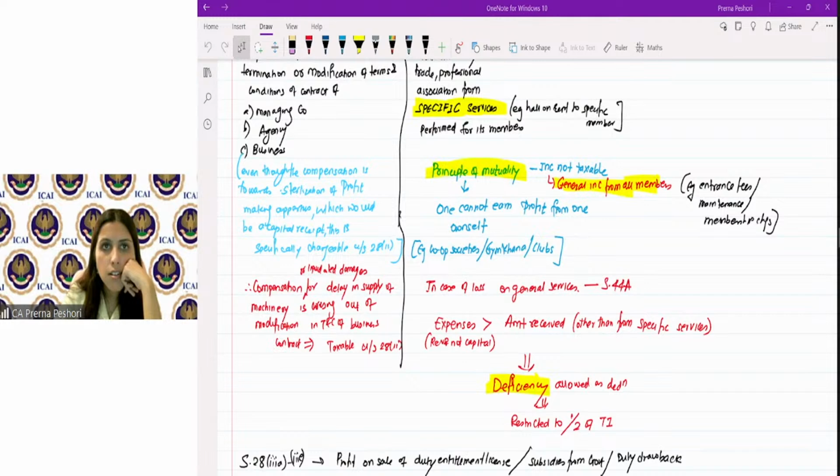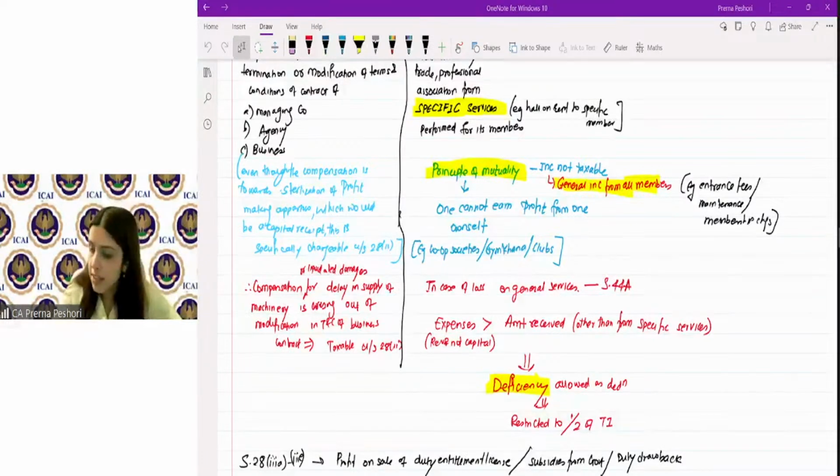It will be taxable under other sources and not under PGBP, because under PGBP under 28(3), the income which is taxable is the income from services to the members and not the interest.